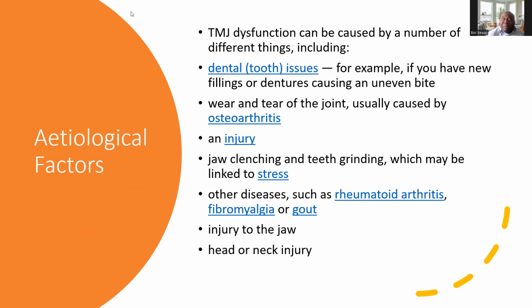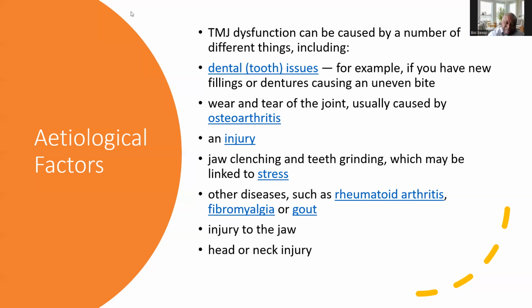Even if you've got pain in the tooth and you're not eating properly, it makes you do some funny things, which can lead to problems either in the joint and the muscles around the joint, or cause total destruction of the joint itself or the supportive tissues.